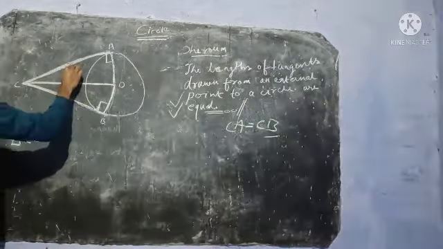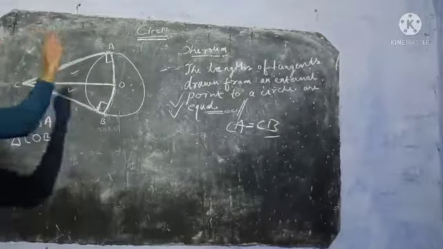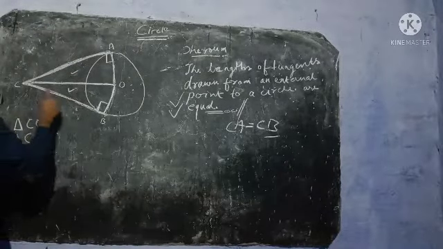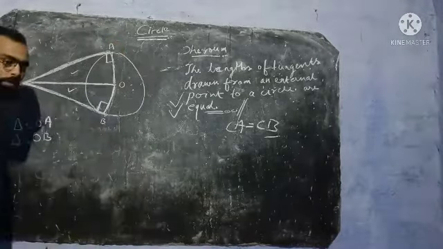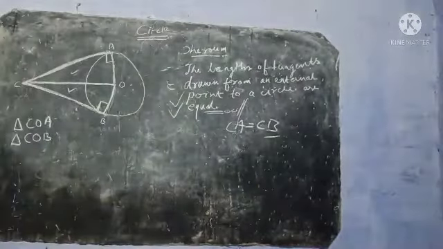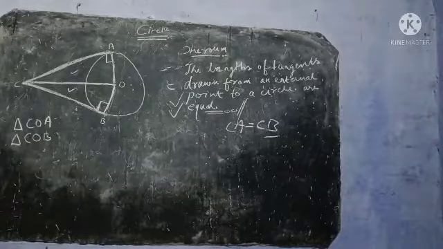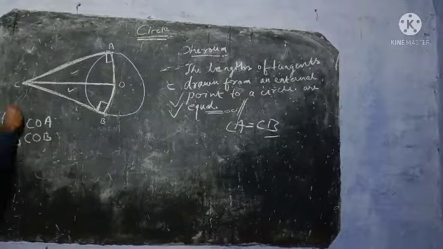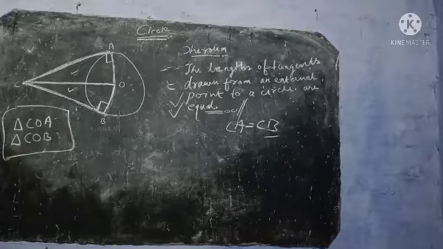If I prove these two triangles are congruent to each other, I can say that CB is equal to CA, and I'll be able to prove that this theorem holds. Let's do that. So, we are proving that these two triangles are congruent to each other.